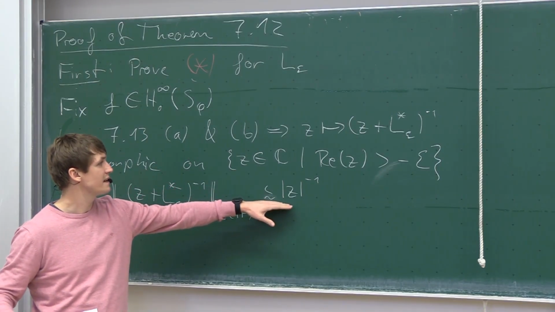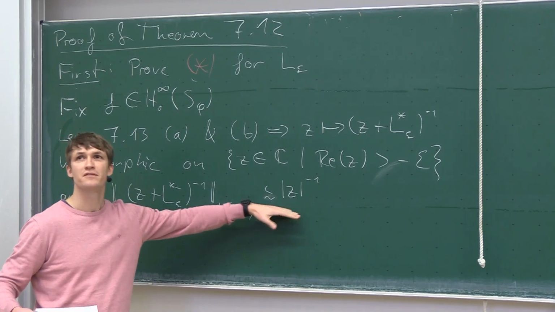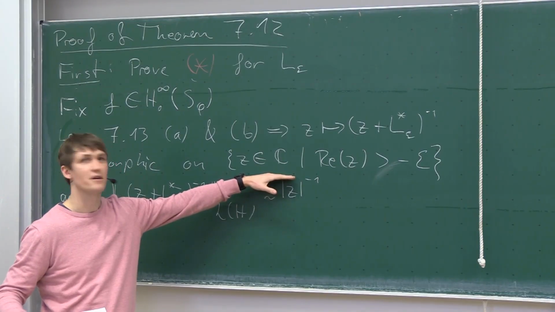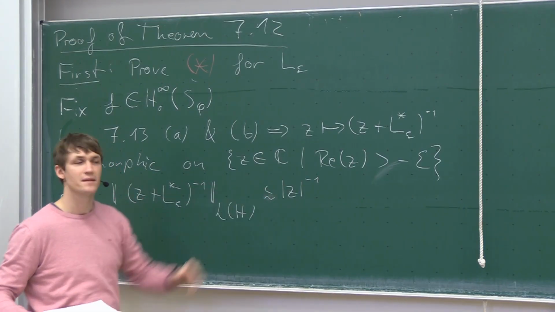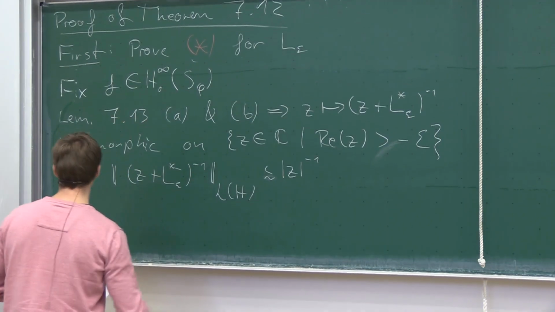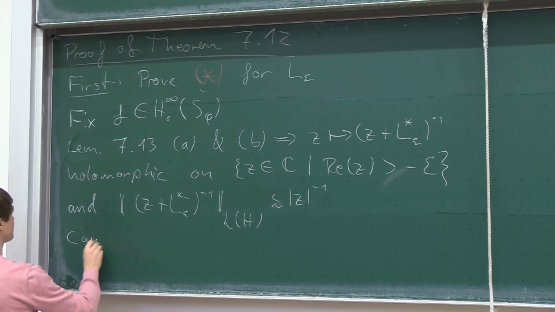But in particular we have a bound of this form here, which means that we have some decay at infinity. And the holomorphy means that around the origin we also don't blow up. Okay, so the only critical point is somehow around the origin. And now we use Cauchy's integral formula for a certain calculation.